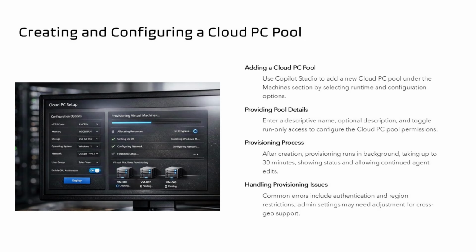Following along, we provided the pool specific details such as the name, the description, and the permissions. And we also went ahead and created the provisioning for that Cloud PC pool, and then watched out for any provisioning issues. Now let's see how an agent with Cloud PC pool as the runtime option for Kua plays out.